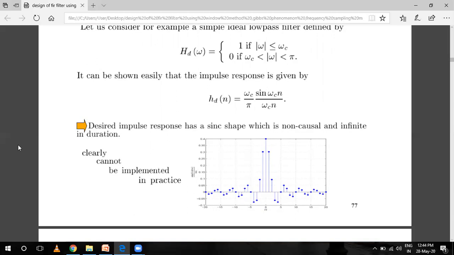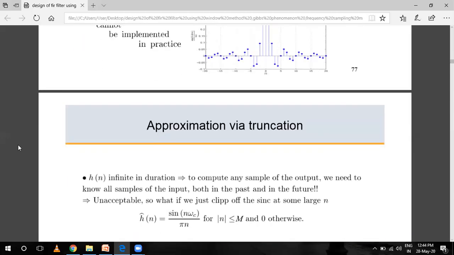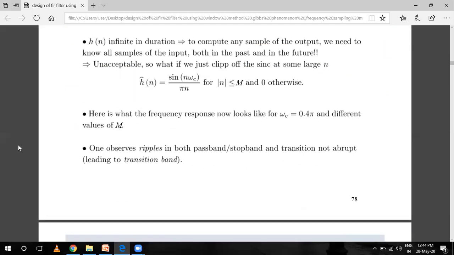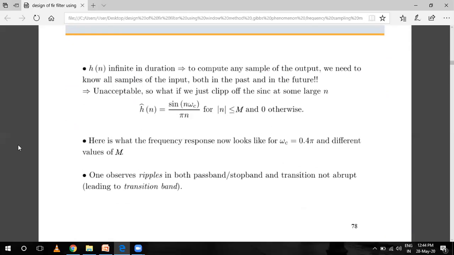You can draw its graph, where there are points or dots when we draw this sine function. Then, approximation via truncation: hn is infinite in duration. To compute any sample of the output, we need all samples of the input, both in the past as well as in the future. So this is unacceptable.